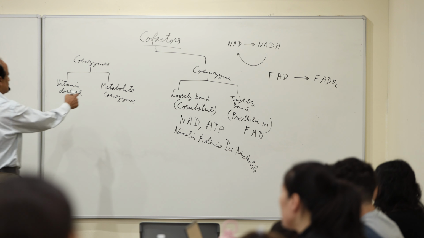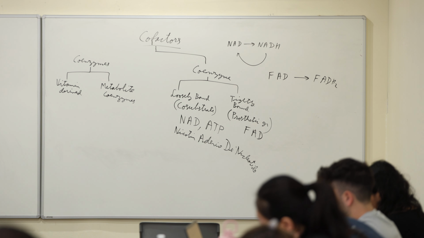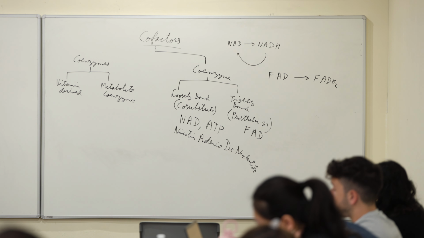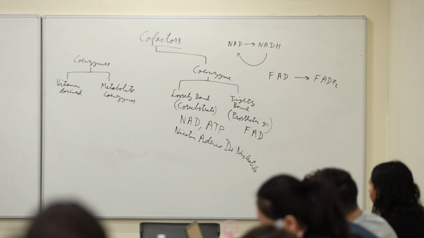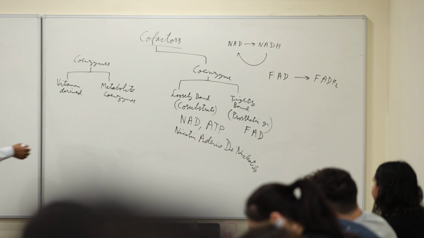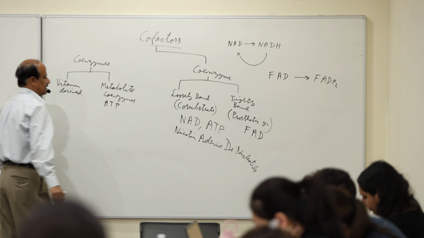Metabolite is a term used for all the intermediates in all chemical reactions in the body. There are numerous chemical reactions, hundreds and hundreds of them, and any reactant or product, they are all termed as metabolite. So an example will be ATP because we make them.